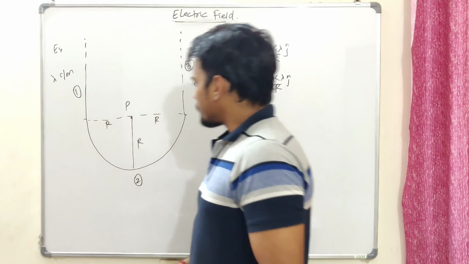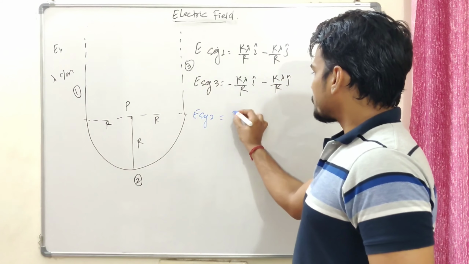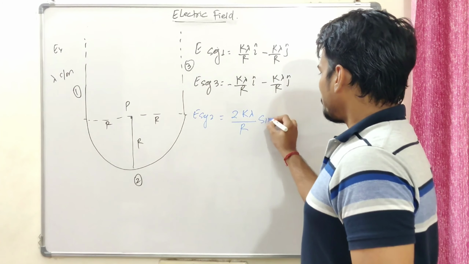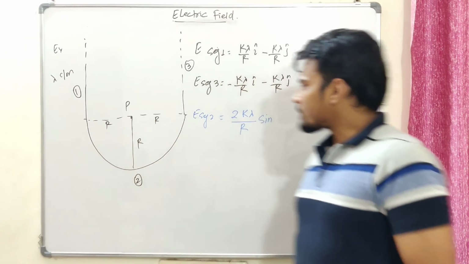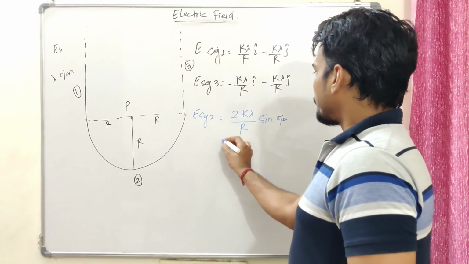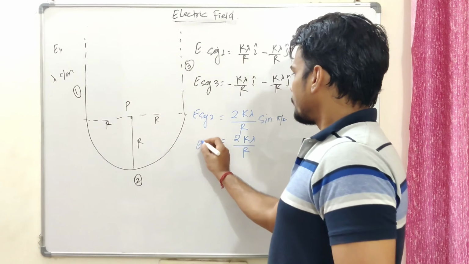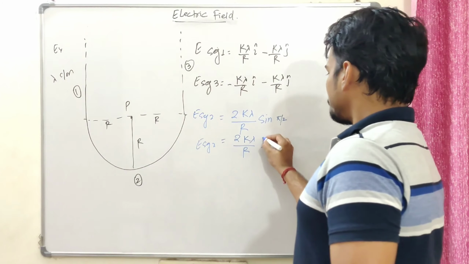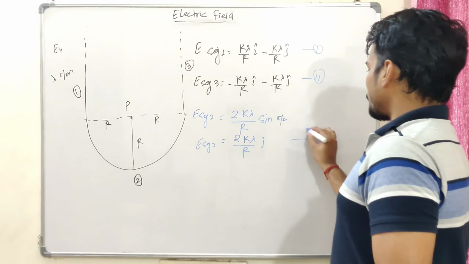This is E due to segment 2, and we have just now seen K lambda over r sine of alpha by 2. The central angle of this arc is pi, so sine pi by 2 is sine 90. That should be 2K lambda over r, and it is vertically up, j cap. So I have 1, 2, and the third one, right?